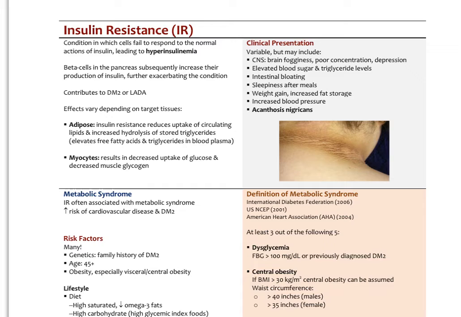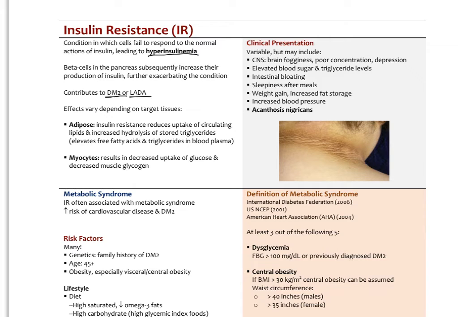This results typically in hyperinsulinemia as the beta cells hypersecrete insulin to try to stimulate the cells more and more, and it just is not working. The beta cells, again, over time can become fibrosed and so forth, but typically if insulin resistance continues or worsens, it will contribute to type 2 diabetes or LADA.